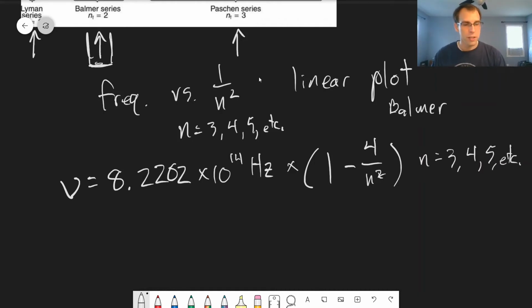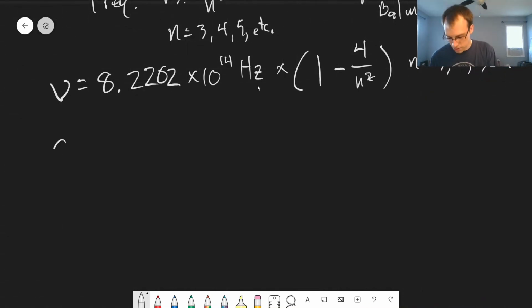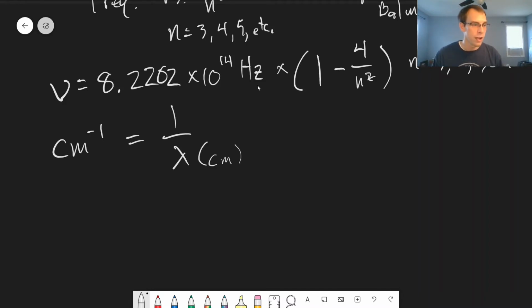When we talk about hydrogen spectra, we often convert this to different units. As a spectroscopist, one of the common units we use is what's known as wave numbers, centimeters to the minus 1. This is 1 over wavelength, where the wavelength is in centimeters. This ends up being an easier unit to use.